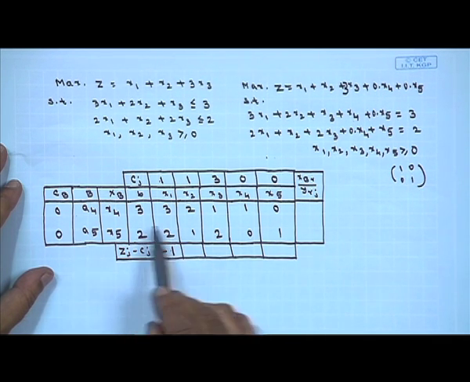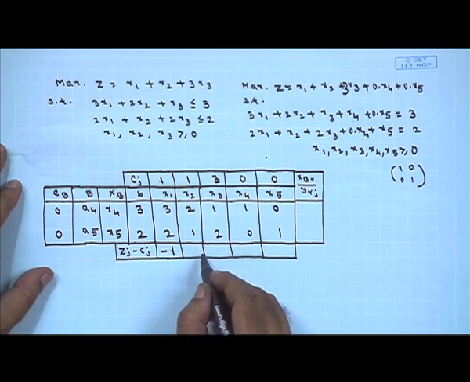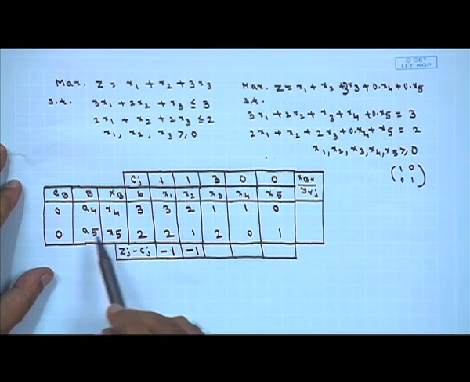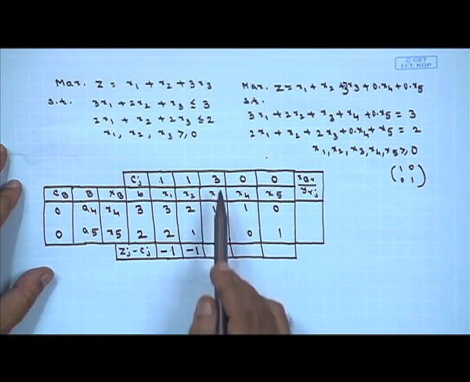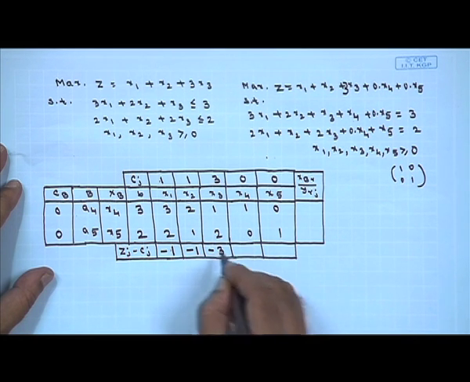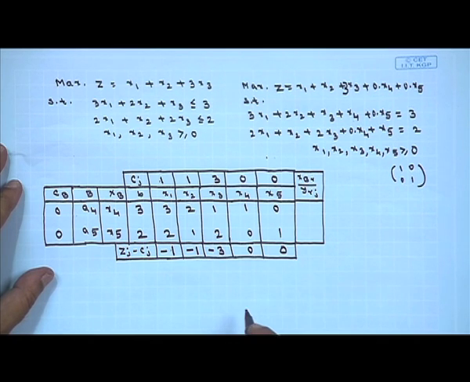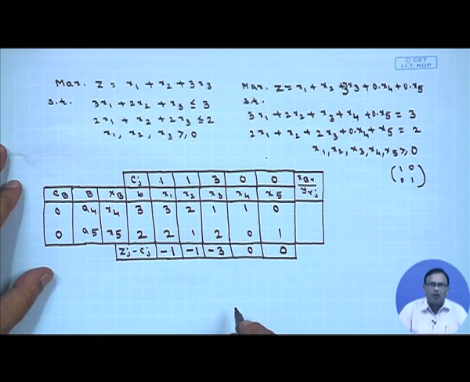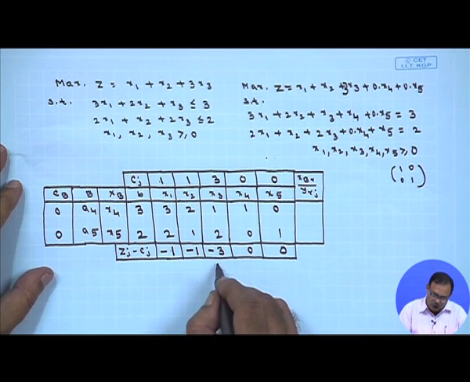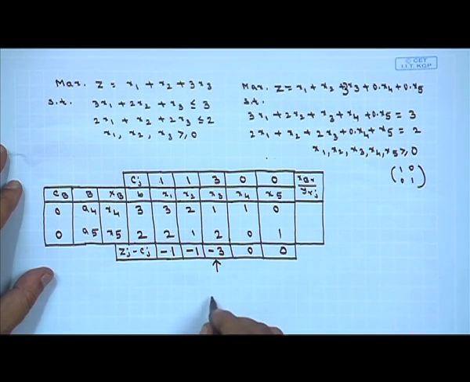For the next case again it is minus 1. For this case 0 plus 0 minus 3, this is minus 3, this is 0 and this is 0. Which one will be the entering vector? The one for which Zj minus Cj is most negative. The third column gives the most negative value, minus 3, corresponding to the variable x3. So, your entering vector will be this one.